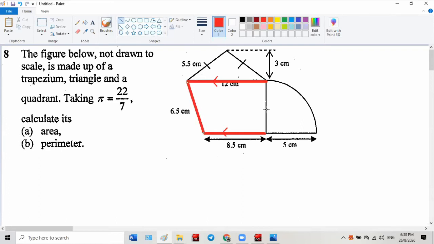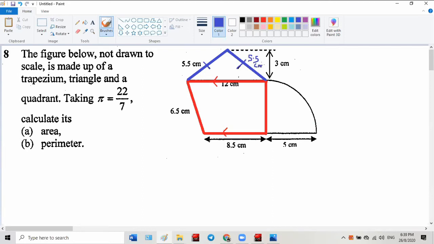And a triangle. Very good. This is an isosceles triangle. Why? He gives you a clue that this is equal to this. That means here also must be 5.5 cm.